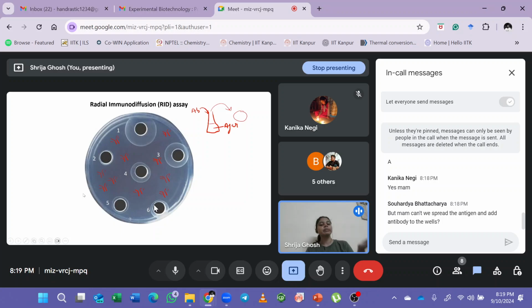In this technique, you are mixing the antibody in the agar and pouring it, so it is uniformly distributed throughout the plate. So whatever ring you get, it won't be a false result. But when you're spreading the antigen, if the spreading is not done uniformly, you can get false results for the ring diameter. So it has a technical issue basically, so that's why generally the opposite thing is done.